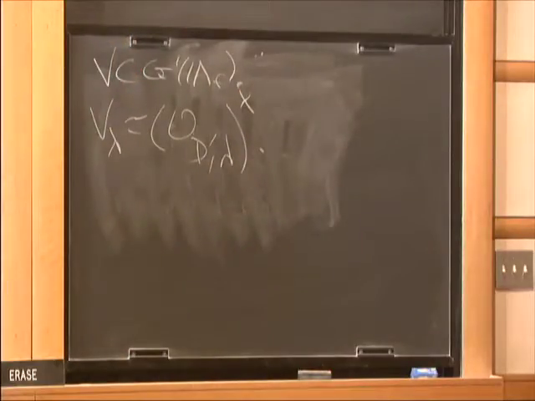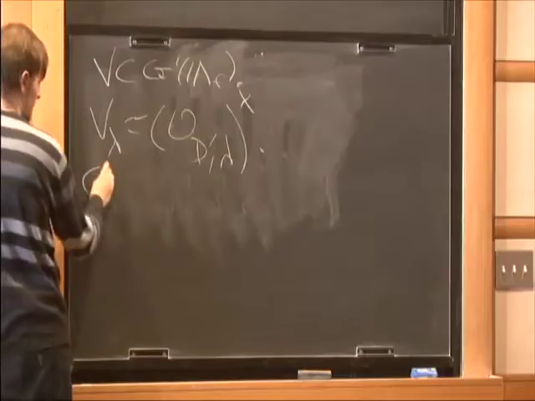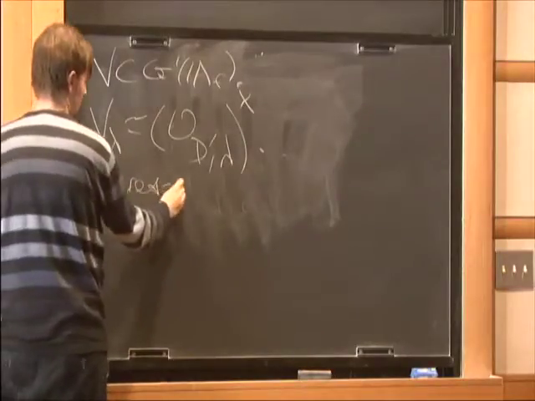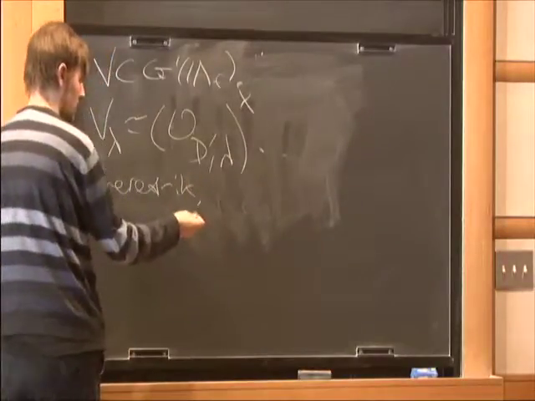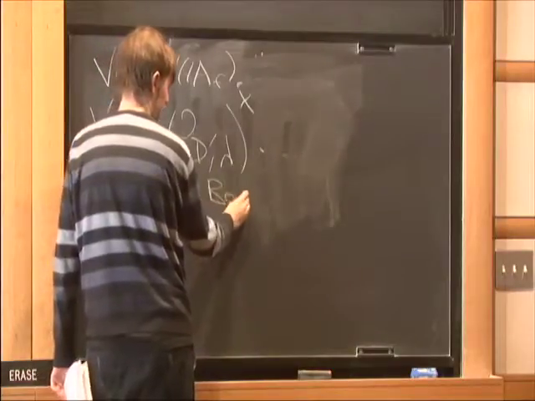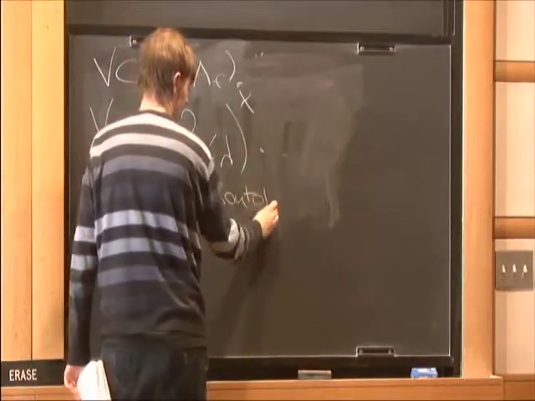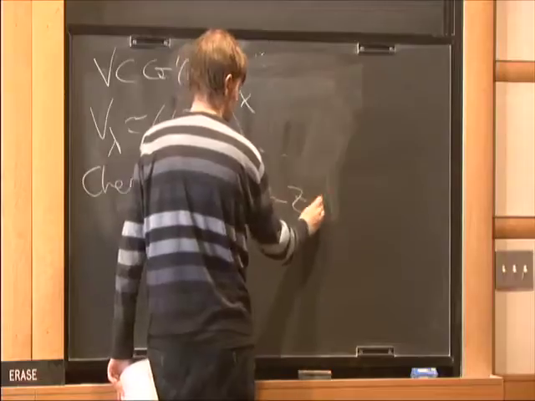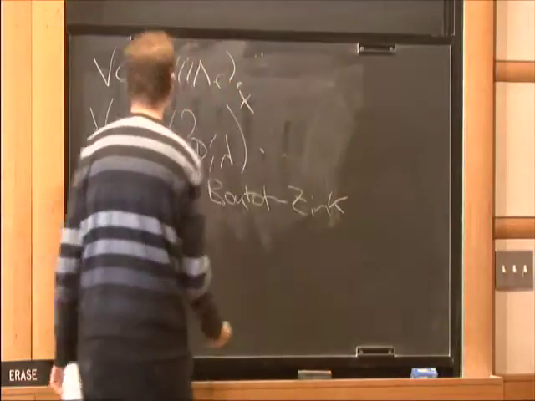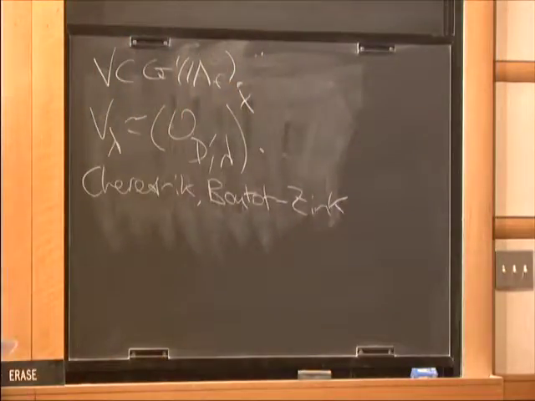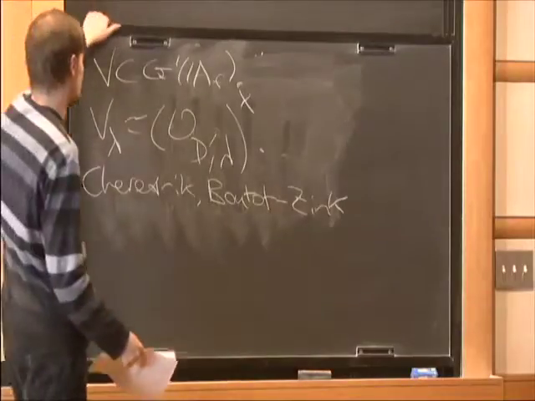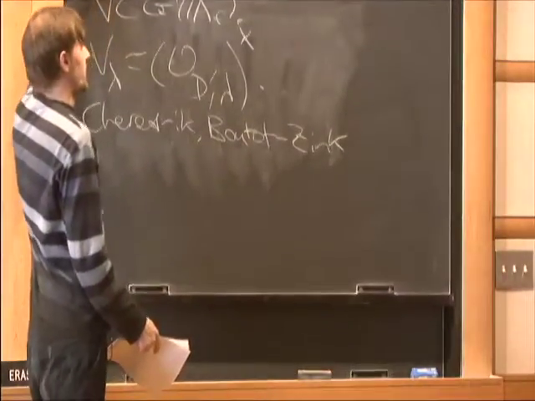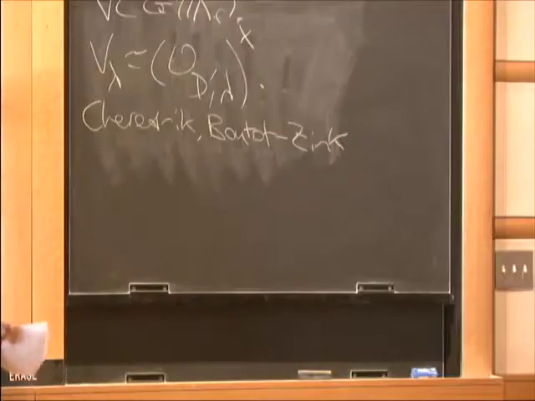Then I guess it follows from work of Cherednik and also Boutot and Zink, who give a kind of moduli theoretic description building on work of Rapoport-Zink, that we have a nice lambda-adic uniformization of this curve described in terms of the Drinfeld lambda-adic upper half plane.